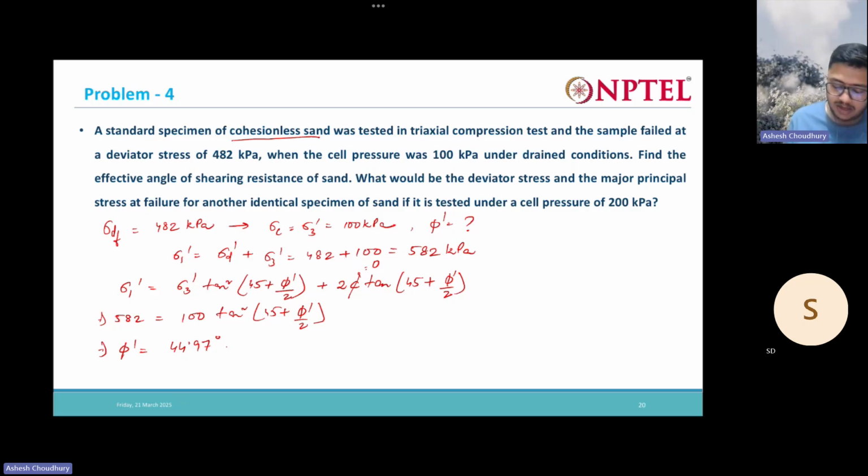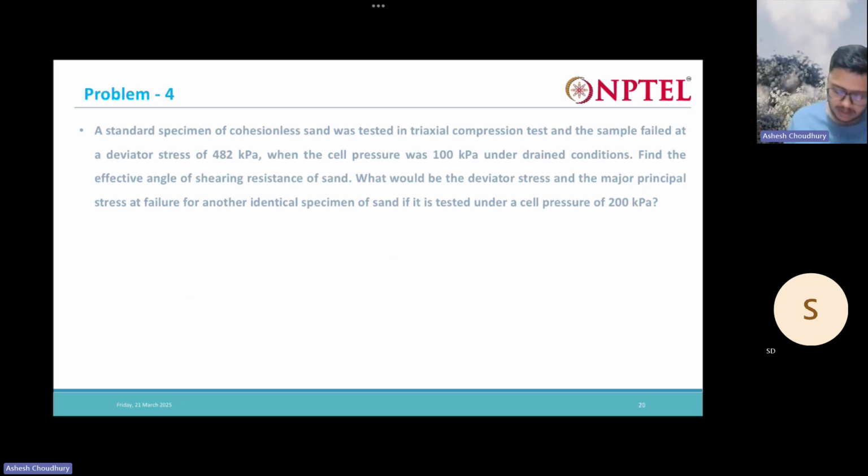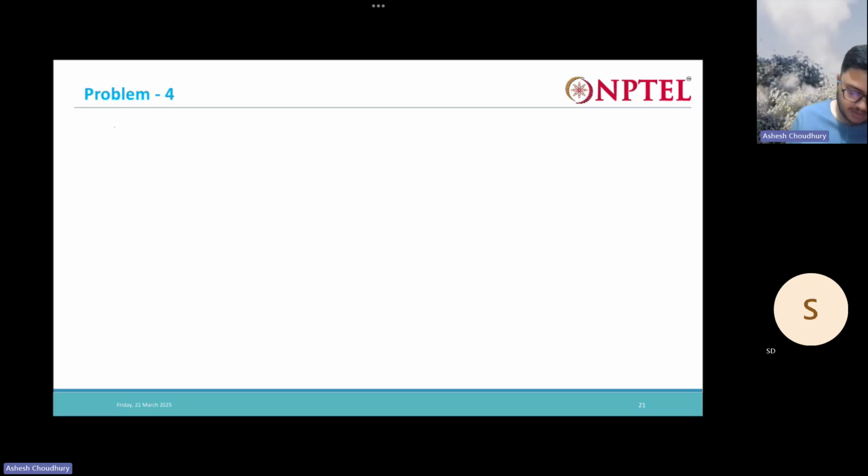And the next part: what will be the deviator stress and major principal stress of another identical specimen? It says the cell pressure is 200 kPa. Now the cell pressure is 200 kPa, but the specimen is identical, which means phi will remain the same.